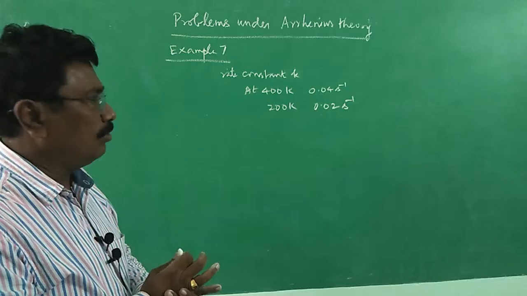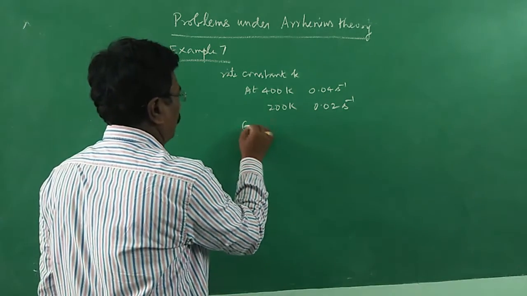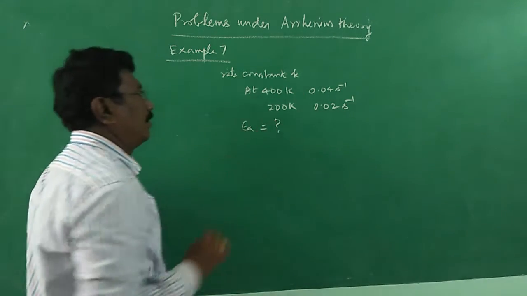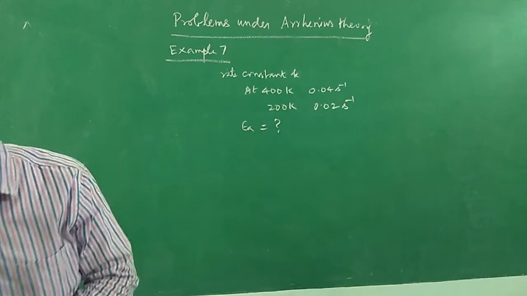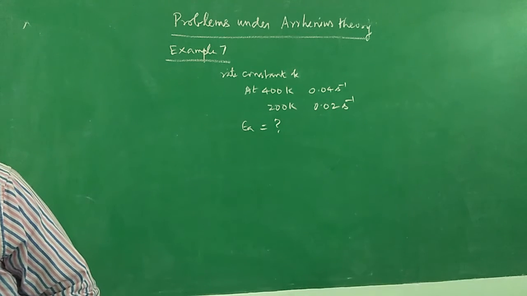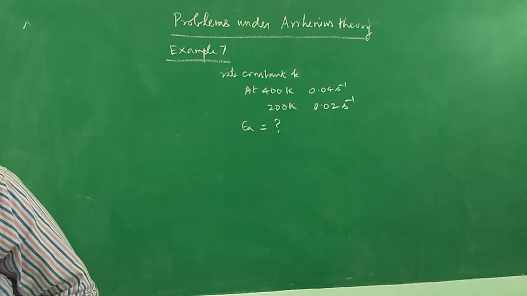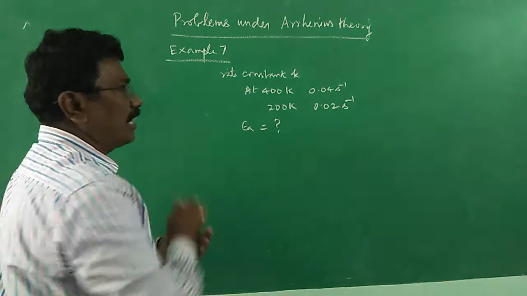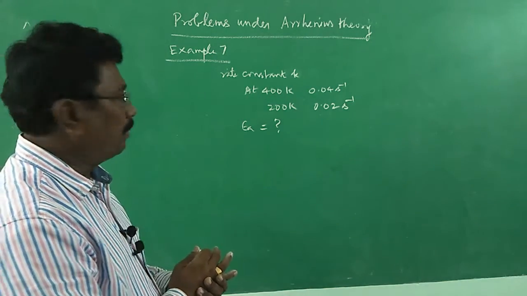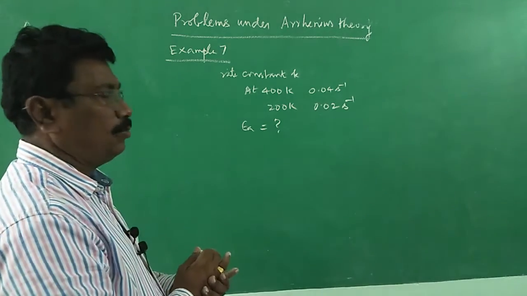You are asked to find out energy of activation. So our aim is to get energy of activation. At 400 Kelvin it is given as 0.04 and at 200 Kelvin 0.02 per second. How to solve?